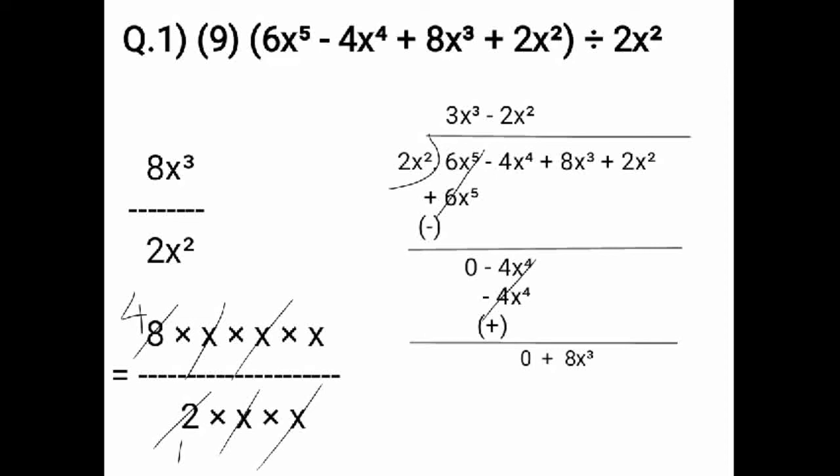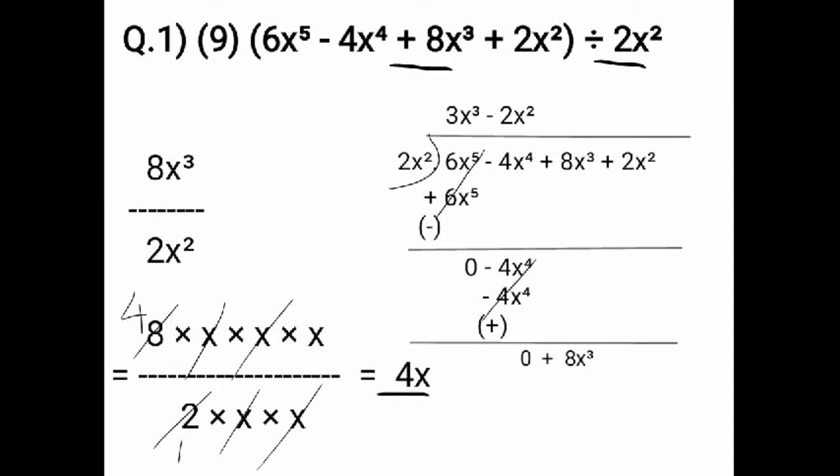So what will remain on numerator? 4 into x is 4x. Okay. When you divide third term, that is plus 8x cube by 2x square, you are getting the quotient 4x.